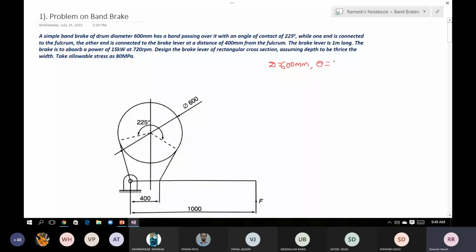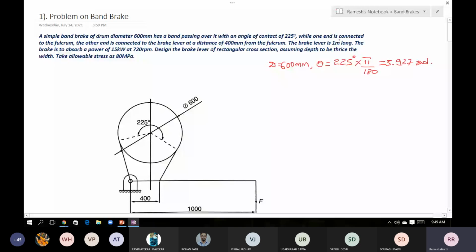For that reason you need to multiply that with pi by 180, then it will be converted into radians. If you multiply that, it will be 3.927 radians.